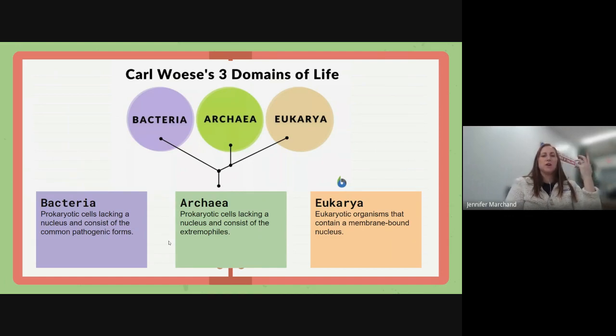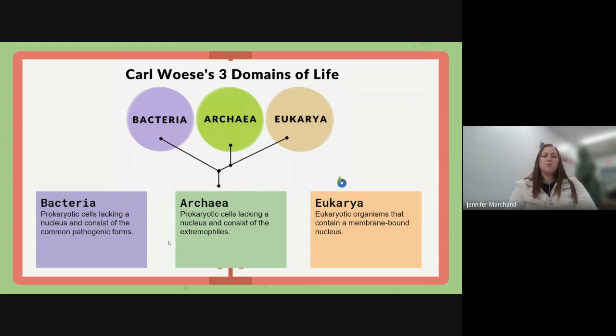Okay, so now let's take a step back and go into domain. When I was in school, there were actually only 2 domains, but now we've separated them back out. We have bacteria, archaea, and eukarya. The bacteria are going to be prokaryotic cells that lack a nucleus, and also contain pathogenic information. Really important to know. There are bacteria everywhere in the world. It makes us sick, but we also have good bacteria that live in our gut every day, but they do contain some sort of pathogenic information.